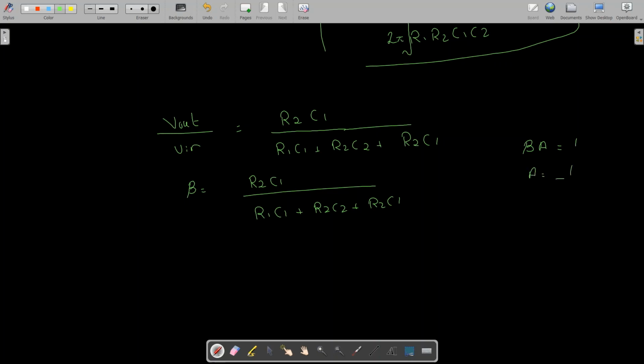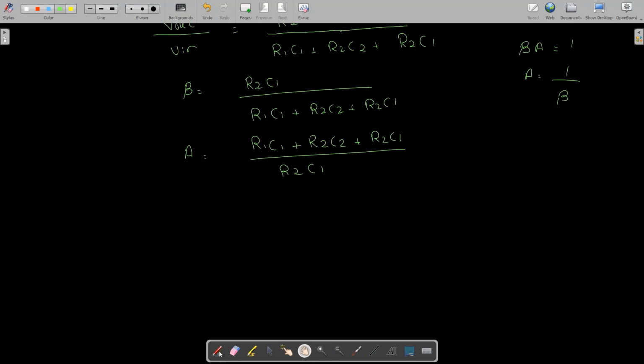So A should be equal to 1 divided by beta, which means that A will be equal to R1 C1 plus R2 C2 plus R2 C1 divided by R2 C1, which means that the gain of the amplifier needs to be that.